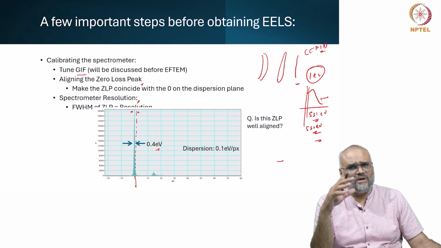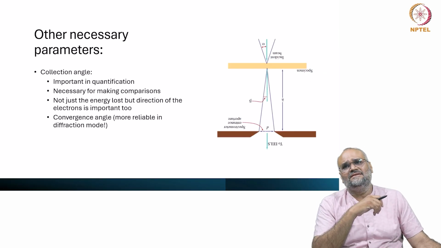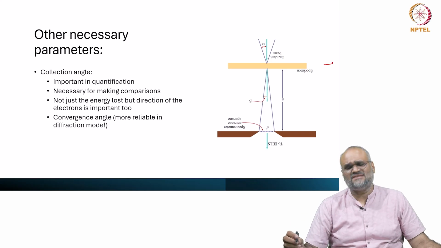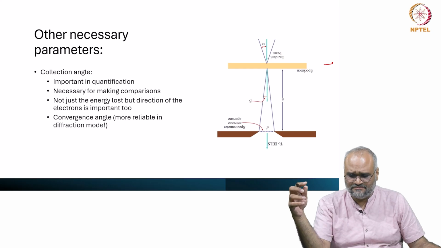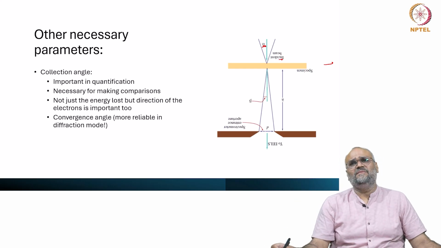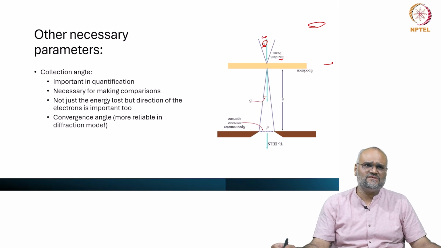The other necessary parameters are, so here is an image which I flipped around because this aligns with how the spectrometer is positioned within the microscope column. You have the incident beam, you have the convergence angle. If I am imaging in STEM mode, the convergence angle alpha is actually fixed depending on what kind of condenser aperture I am using.